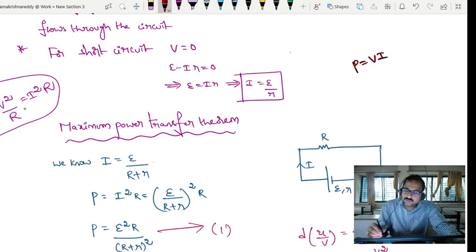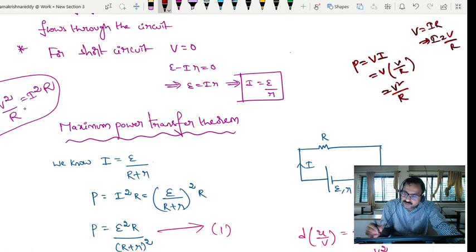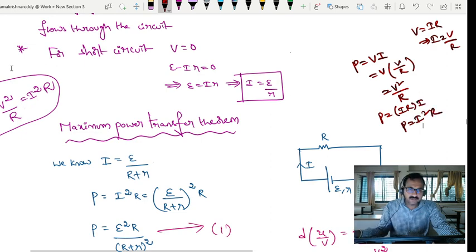Power is equal to voltage into current, or V into I. We know V equals IR, so we can apply I is equal to V by R. Substituting, how much are we getting? V square by R. Otherwise, you can write this in another form: P is equal to V, that is IR, into I, so P is equal to I square R. All these we are getting there.